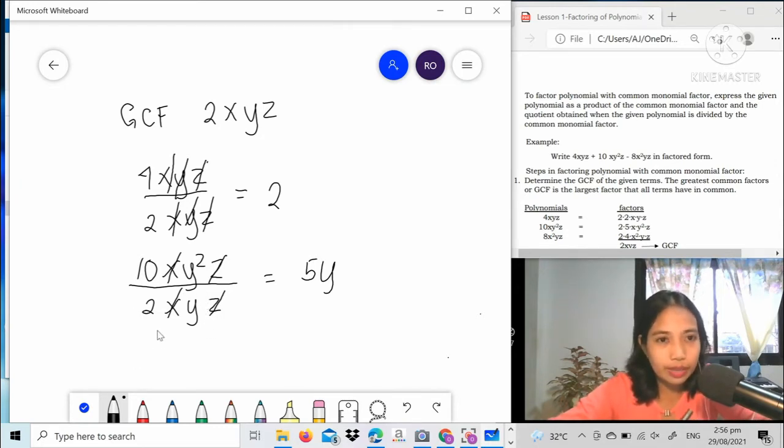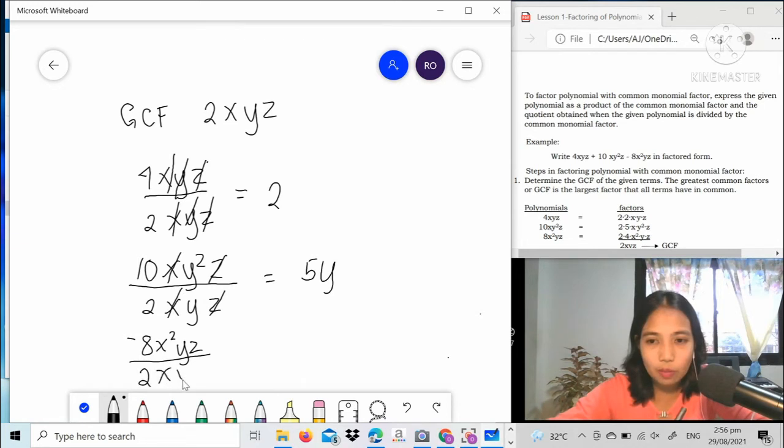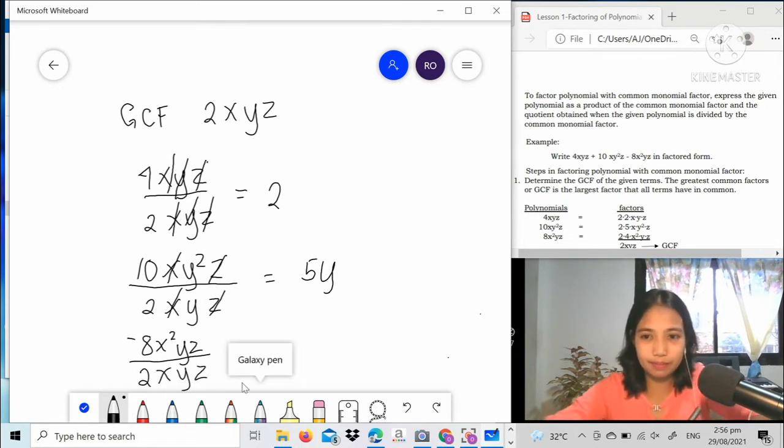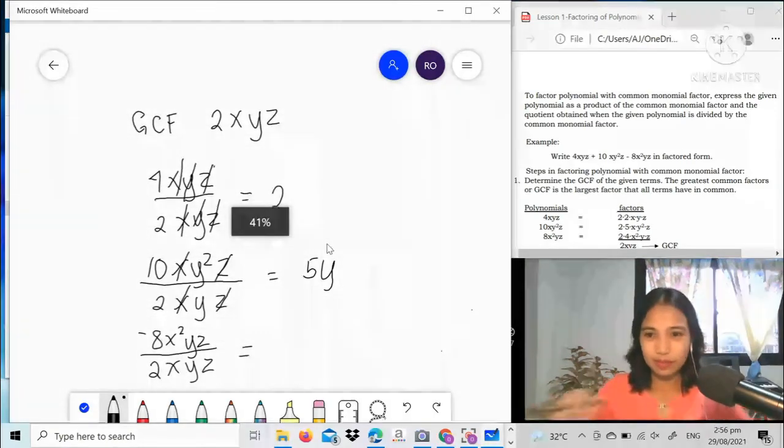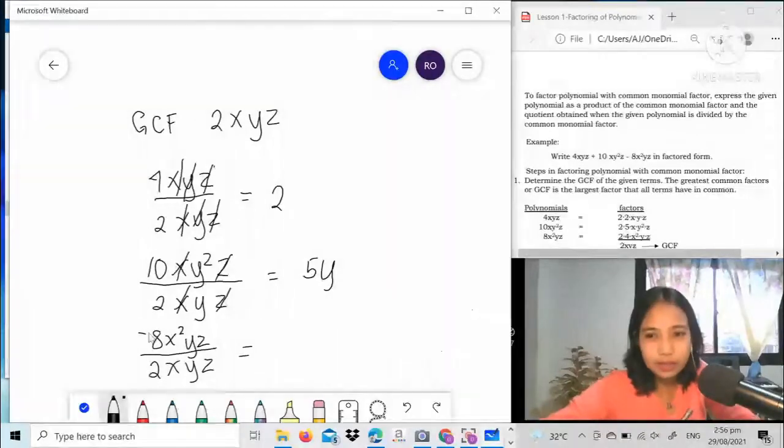Okay. So, next, we divide negative 8x squared yz by 2xyz. Okay, so masyadong magulo ang aking sulat. Okay, so divide negative 8 by 2.